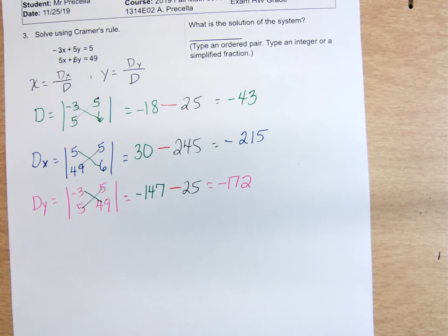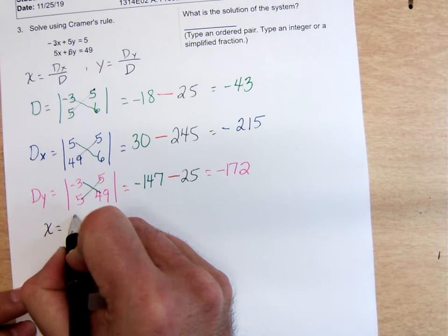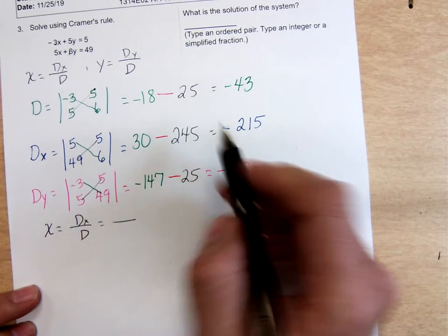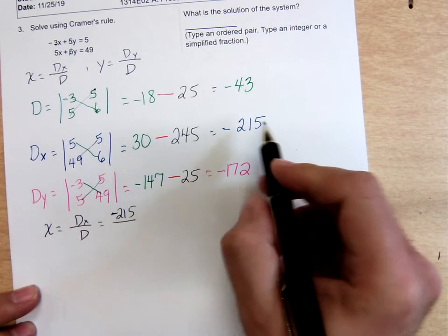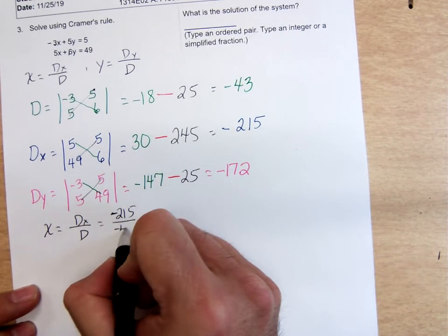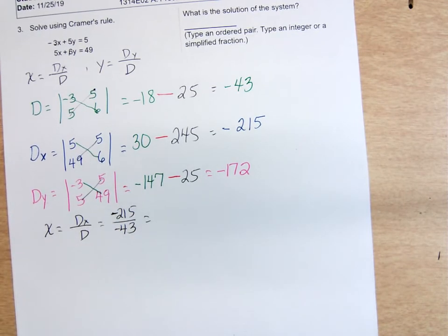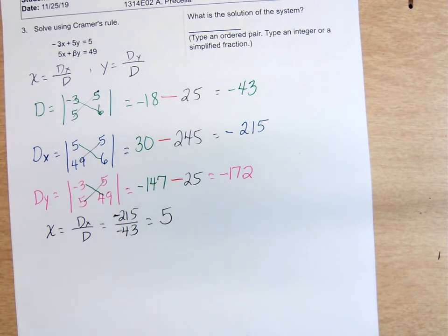Now, ready to figure out. X is dx over d. So negative 215 over negative 43. Negative over negative is positive. 215 divided by 43, I think that goes in evenly, doesn't it? Is it 5? So maybe we ain't going to have fractions on this one.